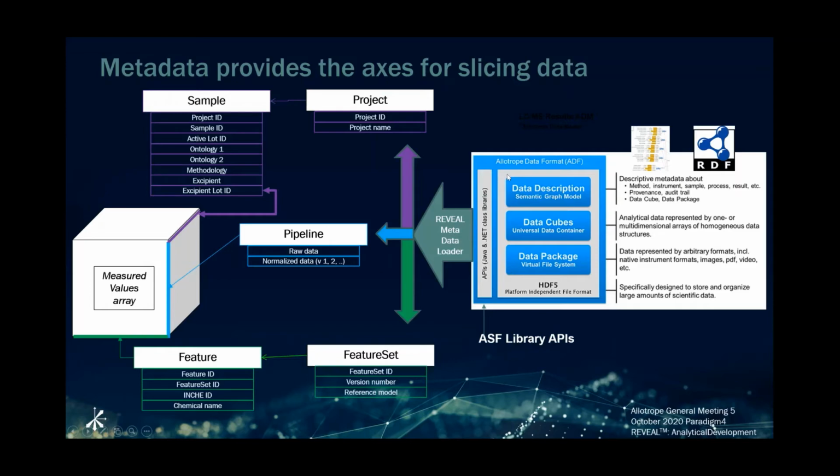And then the way we would treat data from the data description is simply loading it into different arrays. I've shown the hierarchy of arrays that you could choose, for instance, representing projects and samples. And you can see I've included ontologies in these arrays as well.